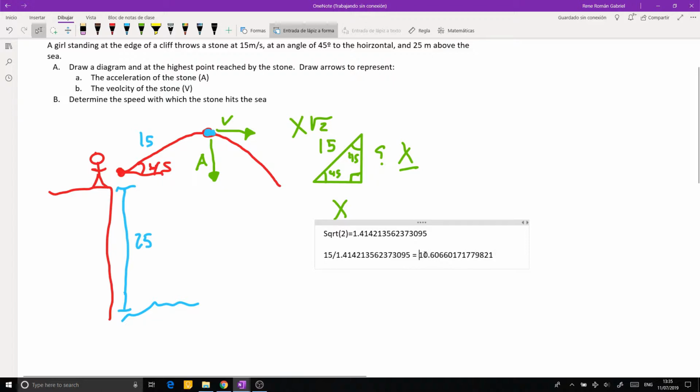So this is our vertical velocity, so I'm going to round it up. And now we have our vertical velocity, which is the same thing as our horizontal velocity, because we said they're both x.